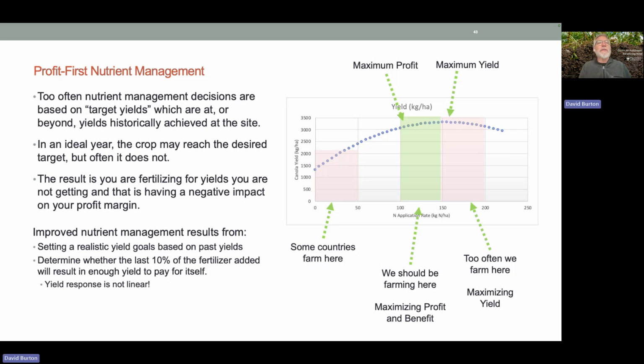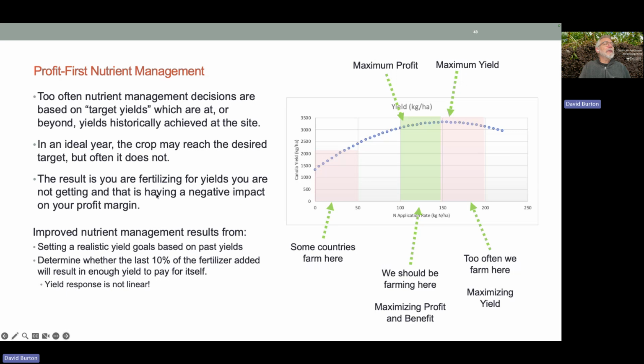We should ensure that the nutrient applications we're making are actually paying for themselves and therefore generating profit, not taking away from profit. So, target yields are fine as long as they're realistic and you assess whether they're profitable. Trying to do a little bit, 5% better than last year, is not a good strategy. You're going to lose money doing that.